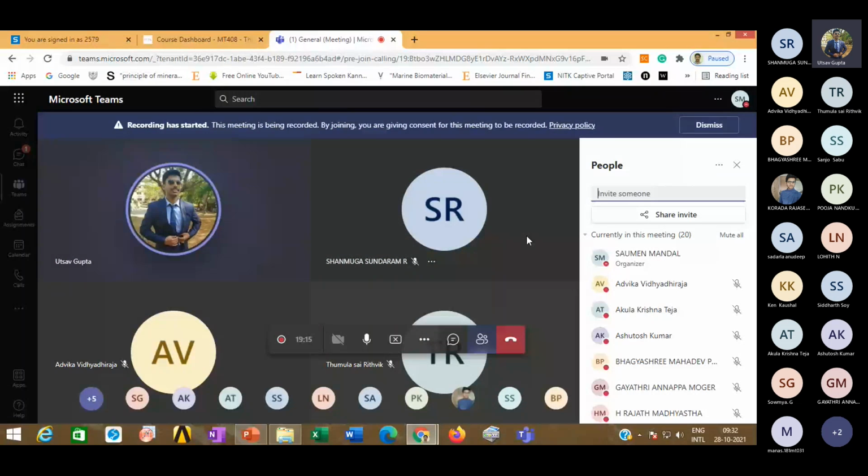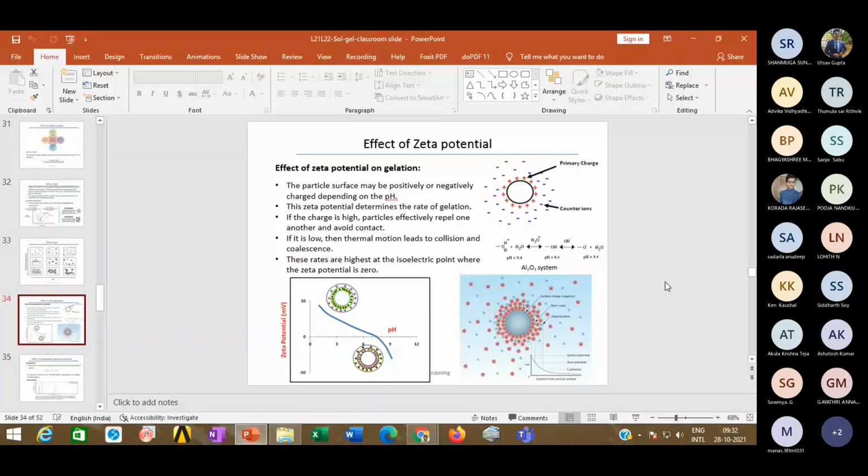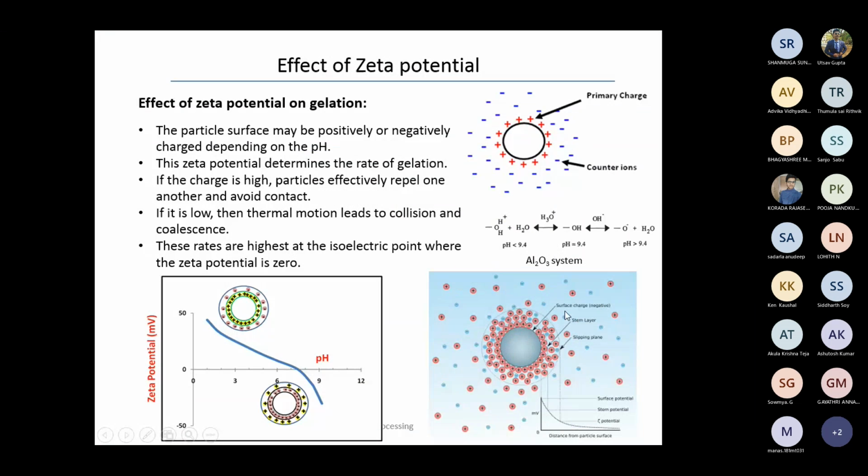Correct. So it's a potential difference between the particle surface and the bulk, and in this case the bulk is inside the liquid. Okay. If you measure the potential from the particle surface, wherever the double layer forms, with distance from the surface, then this is the curve.